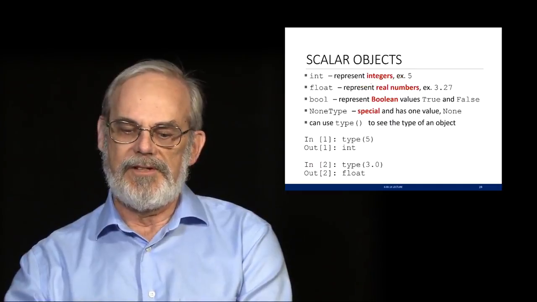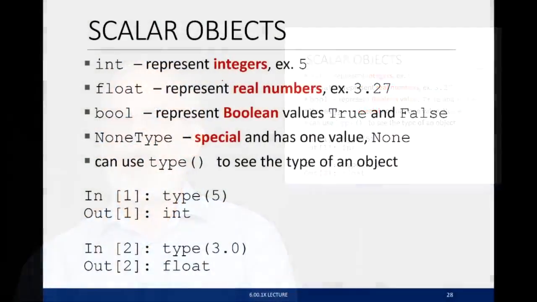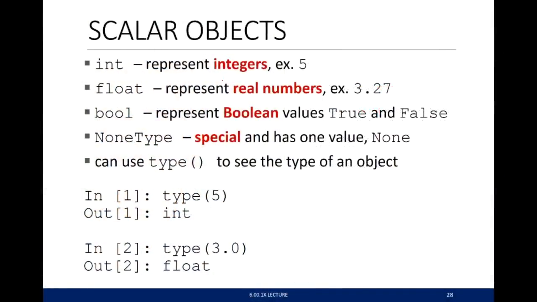Let's start with the simplest version of these. Scalar objects in Python. There are very few of them. We have ints. These are integers, standard numbers that you recognize, 5, 17, 27, -6. We have floats. These are real numbers, things with numbers after the decimal point, 3.27, 3.14159, my favorite. You have something called a bool, short for Boolean, and that represents true or false.